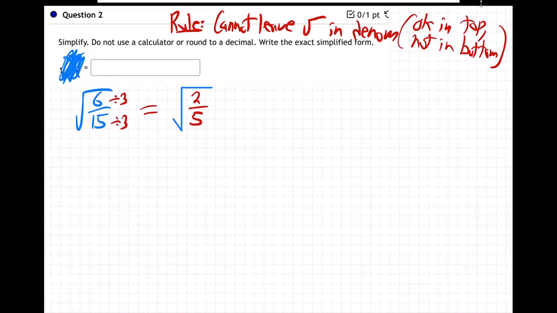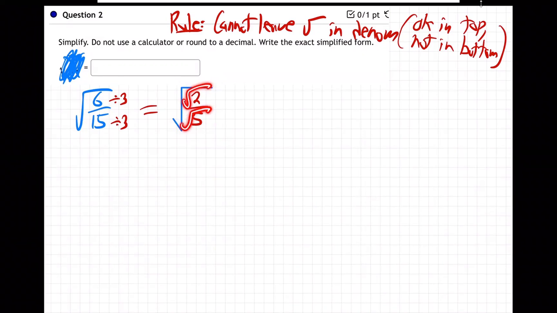They're going to ask us from now on, and this is going to be in any other math course you take as well, that they do not want square roots in the denominator. We cannot leave roots in the denominator. They're okay in the top, just not in the bottom. Right now this root is over the entire fraction, which means really it's in the top and in the bottom.